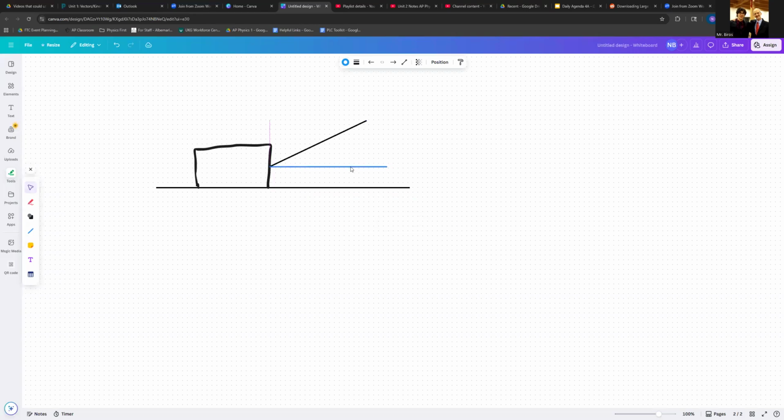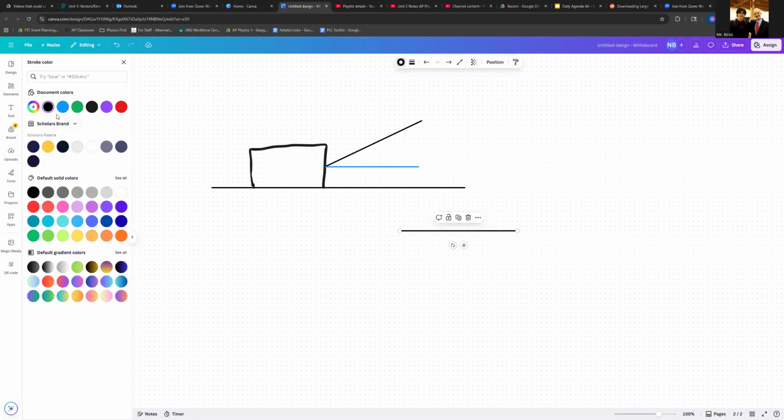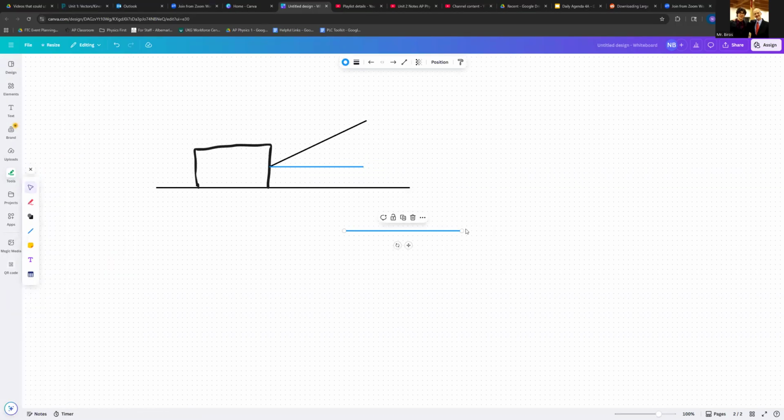And you'll notice as we draw components of forces, we are just making right triangles, because components of vectors always form right triangles. When you have an angled vector and then you draw its two components, you will get a right triangle.